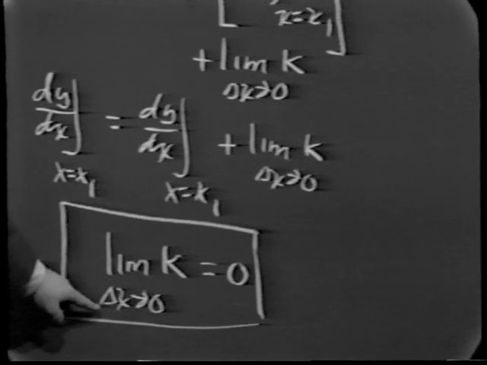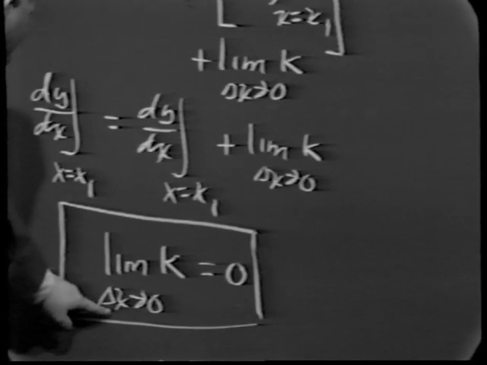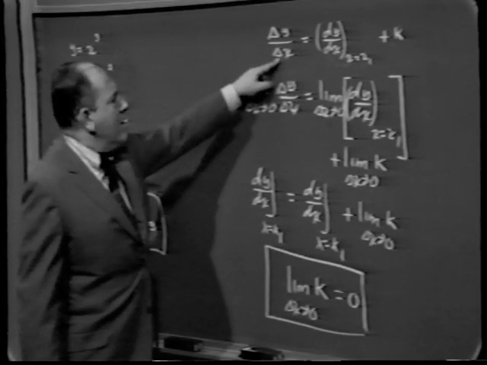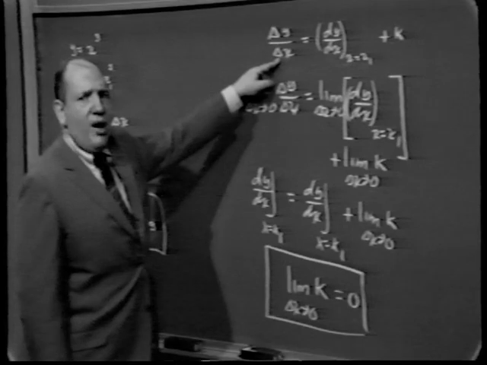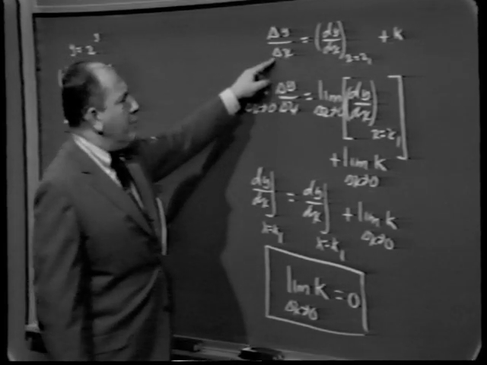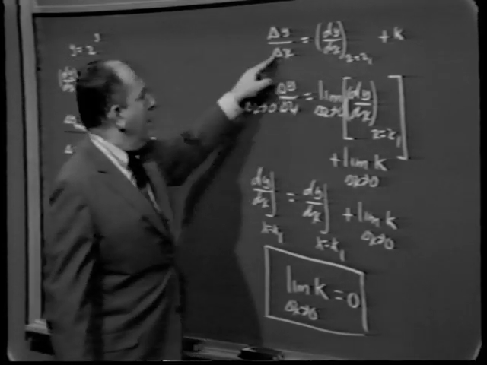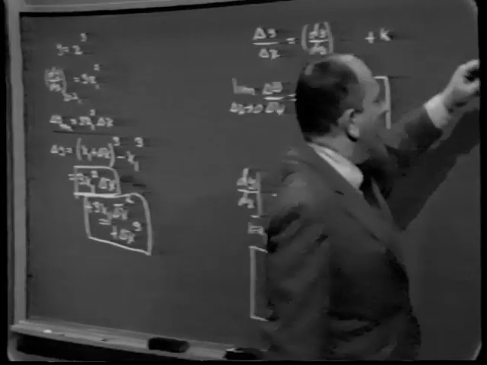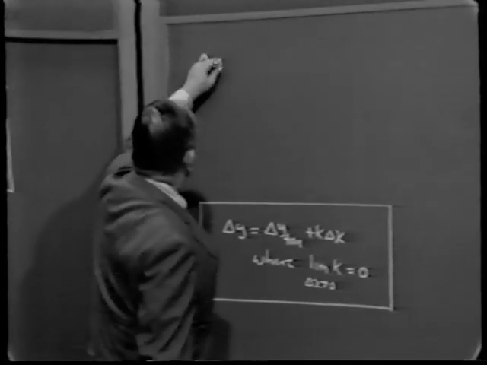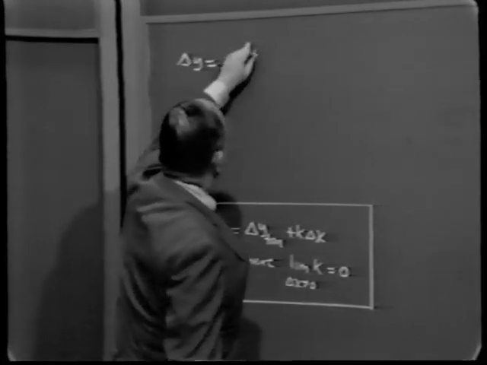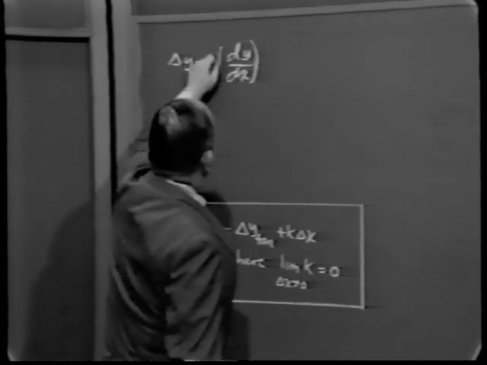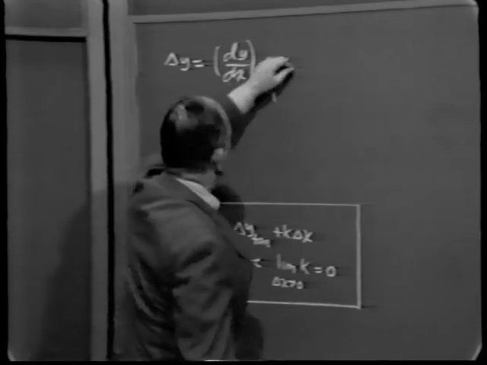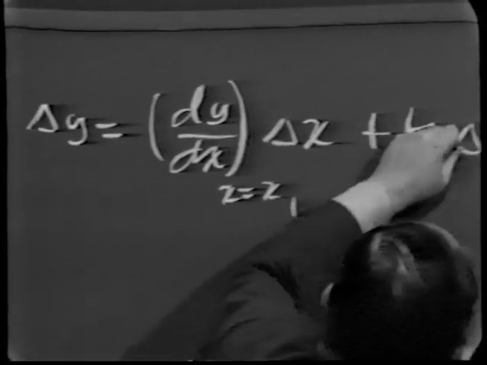But from this result, what we do next, all I'm going to do now is go back to our first statement here, remembering that delta x is a non-zero number. I will simply multiply both sides of this equation by delta x. And if I do that, what do I wind up with? I wind up with that delta y is dy/dx evaluated at x equals x1 times delta x plus k delta x.